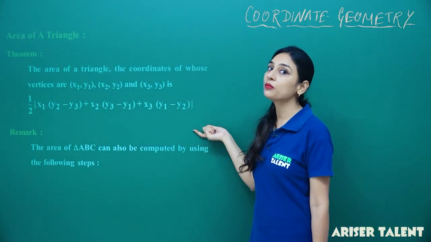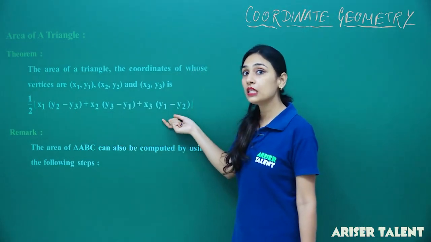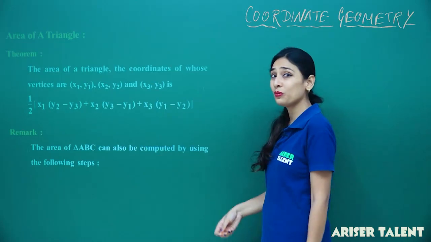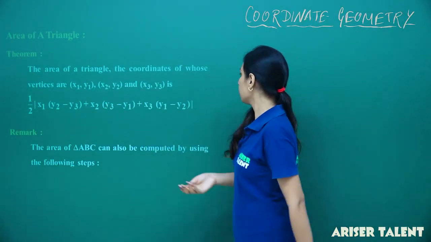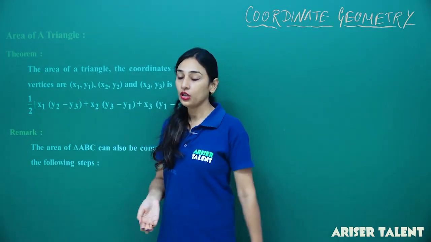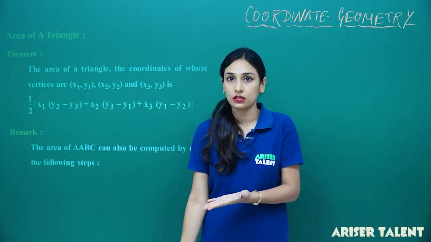Now, you were a bit confused about how you are going to learn this formula because it's way too big, and we have 1, 2, 3, 2, 3, 1 and 3, 1, 2, all these things here. So it was a little bit difficult for us to learn this.